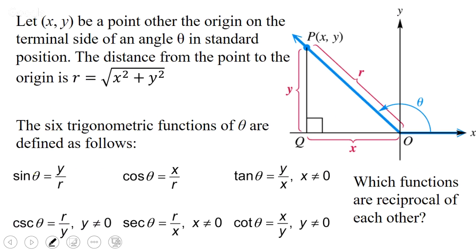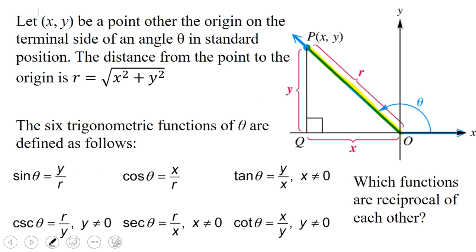The hypotenuse is r, because if you think of this kind of like a circle, r is the radius. So the hypotenuse is called the radius. That's why it's an r.